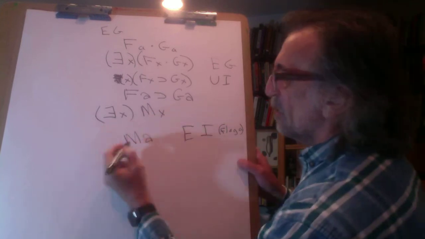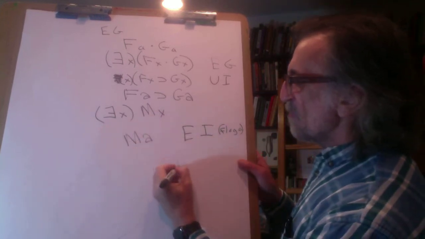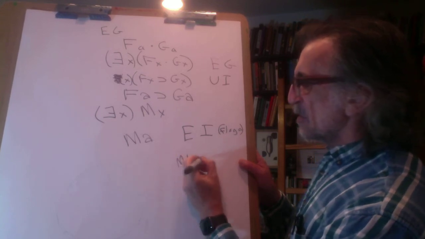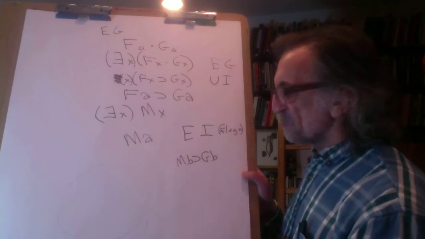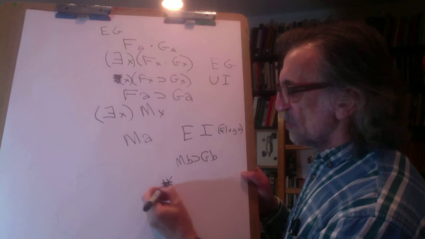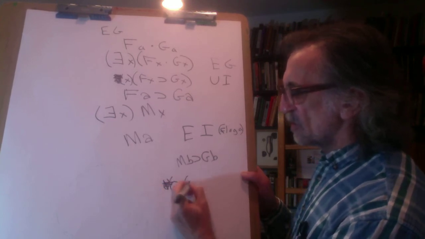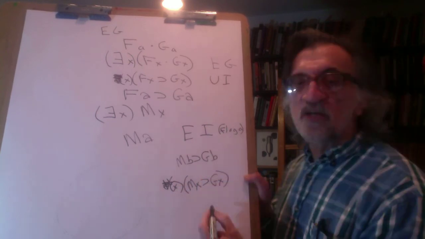So, not in this case, but in some other proof, we might have, for example, M of b horseshoe G of b, and we want to generalize from that and say for all x, if M of x, then G of x.